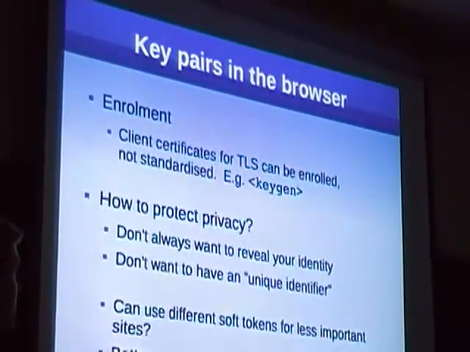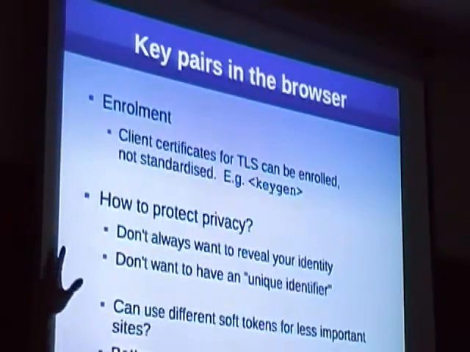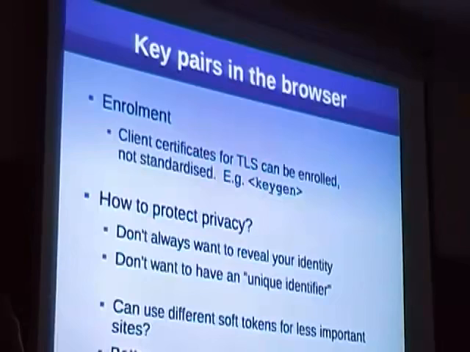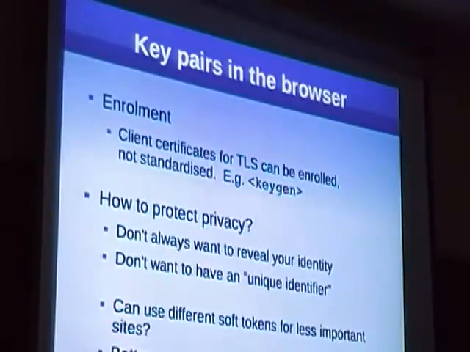Another problem is not specific to signature generation. It's also a problem in itself. There's no standard for doing enrollment. Generating key pairs is not standardized at all. There are some vendor-specific approaches like keygen tag in Firefox, and I think that Chrome has some JavaScript object or something that you can use to generate a key pair in the browser.